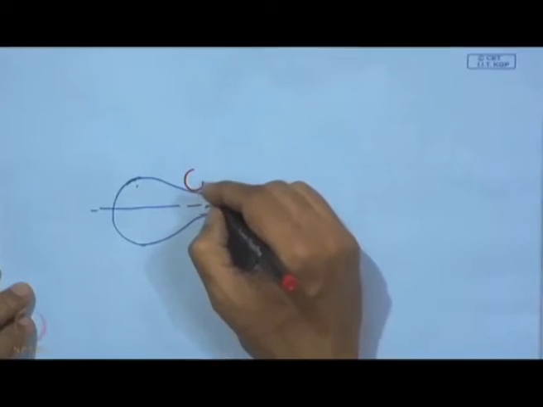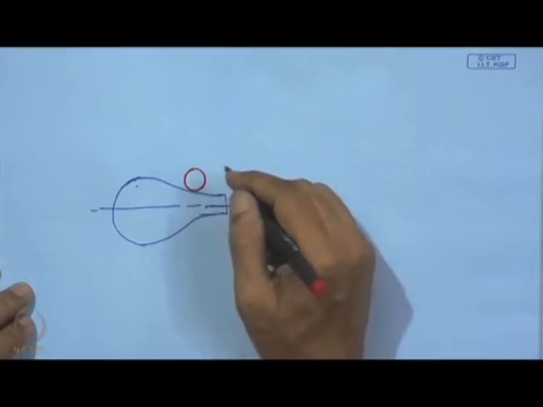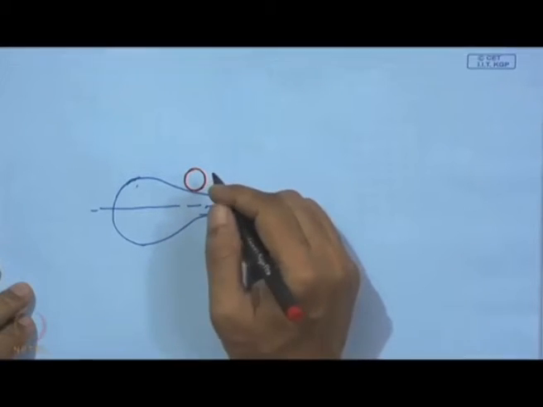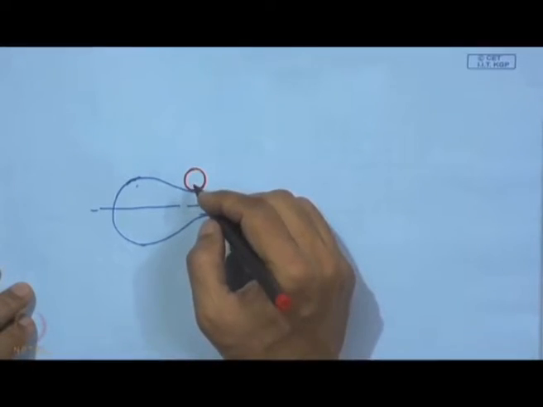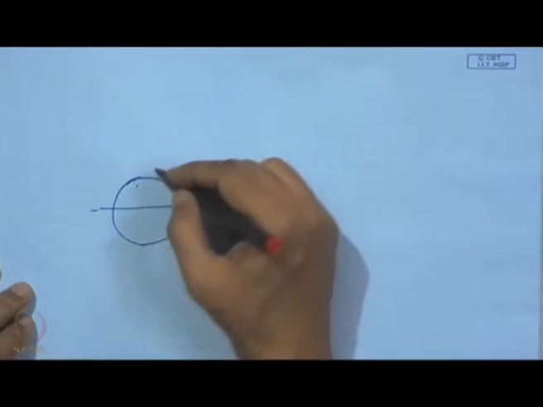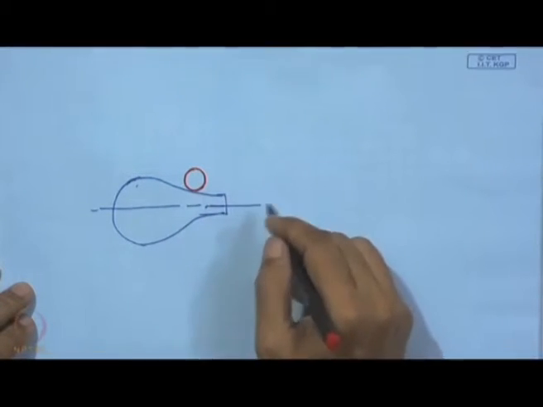So, here we can also put one ball. This is going to be a ball, and this ball will follow this contour. That means this ball has a rolling action. That means this is actually a surface of revolution.